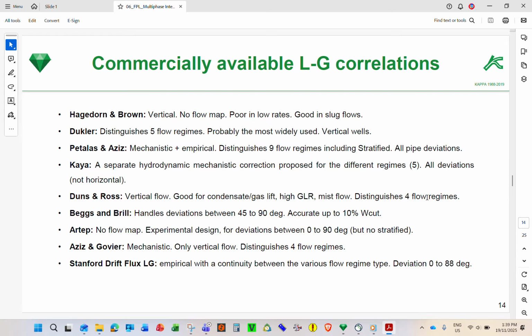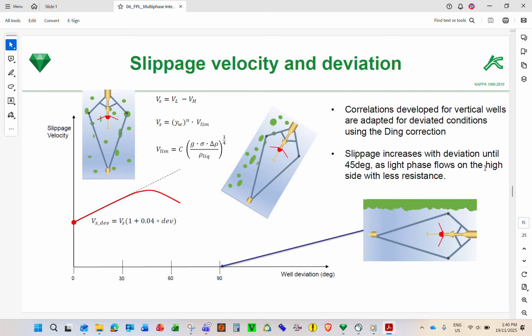Okay, this is deviation. For example, in the vertical well, the axis deviation is vertical. Slip rate is light phase velocity minus heavy phase velocity. The correlation is developed for vertical wells, and you can extend it using some correlation, so you might get it up to 45 degrees deviation.